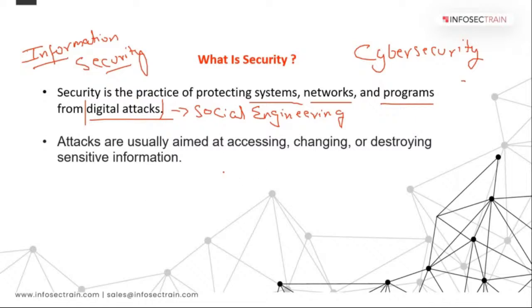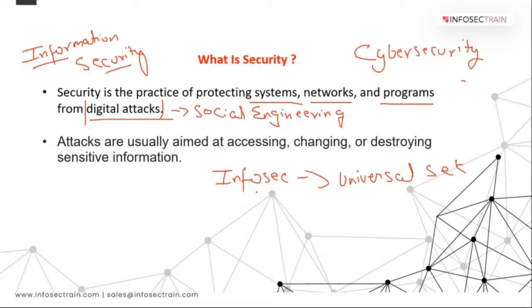So information security is your universal set. All the things are secured under information security. Those of you who are working in these areas are working in information security, taking care of everything, like physical security too.